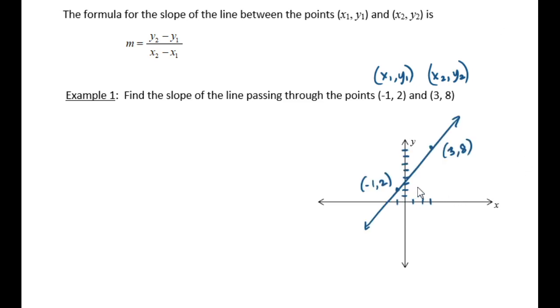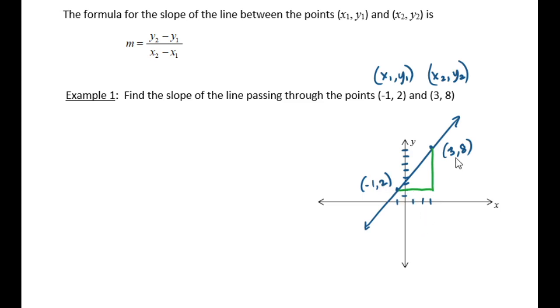Here I've plotted the two ordered pairs and sketched the line that passes through them. So we'll be calculating the slope of this line. We can see it's going up from left to right, so we expect to get a positive slope for this line. Here's the change in y and the change in x that will give us our ratio for the slope.